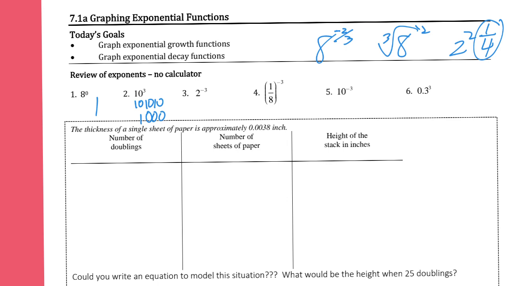2 to the negative 3 means 2 to the third, which is 8, and then do the reciprocal of it. So it'd be 1/8. This means take this to the third power and then flip it over. So if you bring it to the third power, you can either think of taking 1/8 times 1/8 times 1/8, or you can say, I'm going to take 1 to the third power and 8 to the third power, which would give us 1 over, let's see, 8 times 8 is 64. 64 times 8.